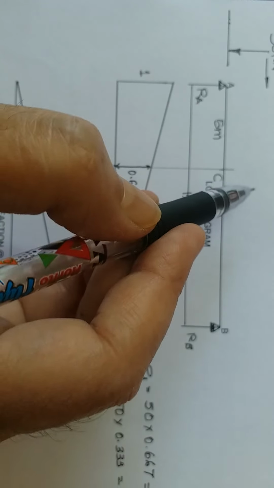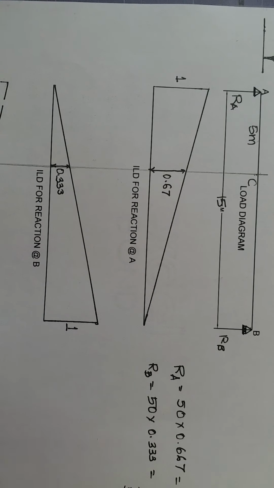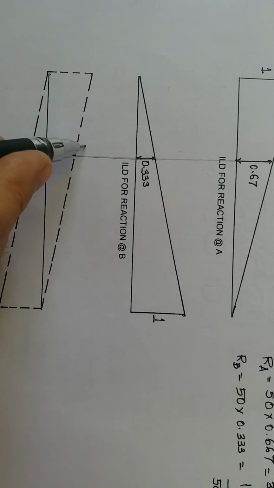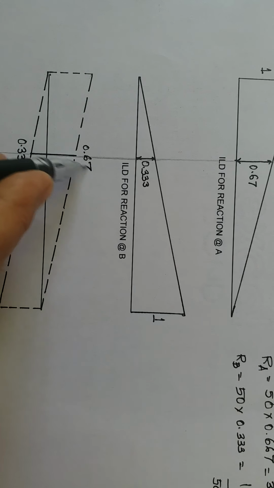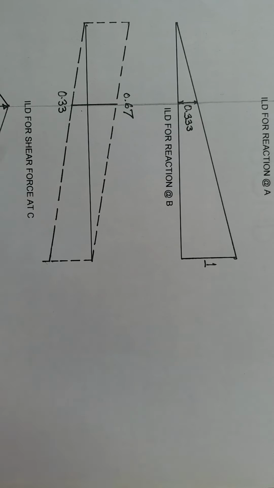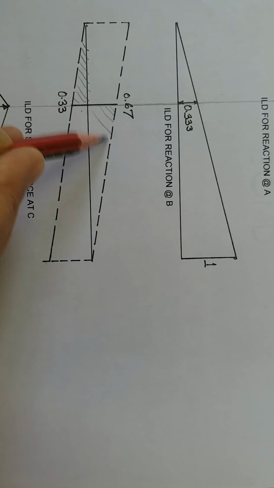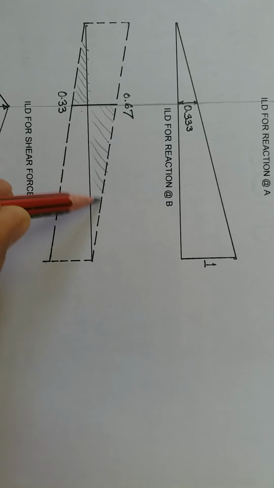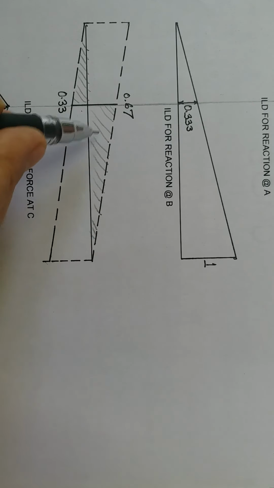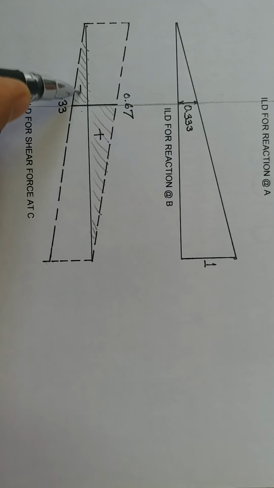So RA will be equal to this one, so this distance will be 0.67. So this is the maximum negative shear force and this is positive shear force.